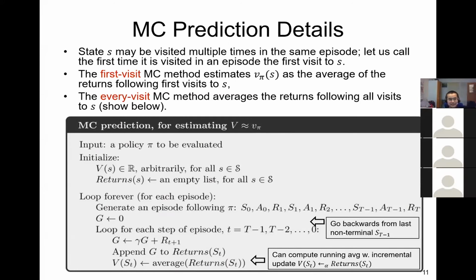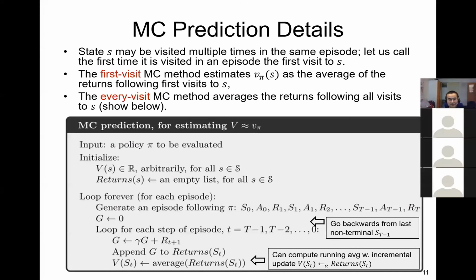So initialize V(S) arbitrarily, typically all zeros, and loop forever: generate an episode following the policy, and you go backwards from the last non-terminal state S_{T-1}. S_T is the terminal state.